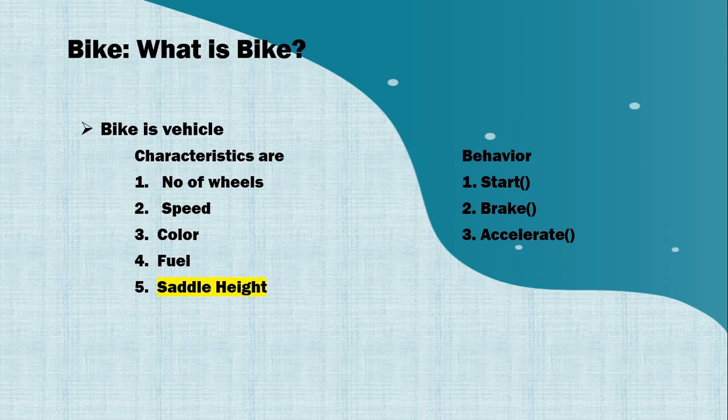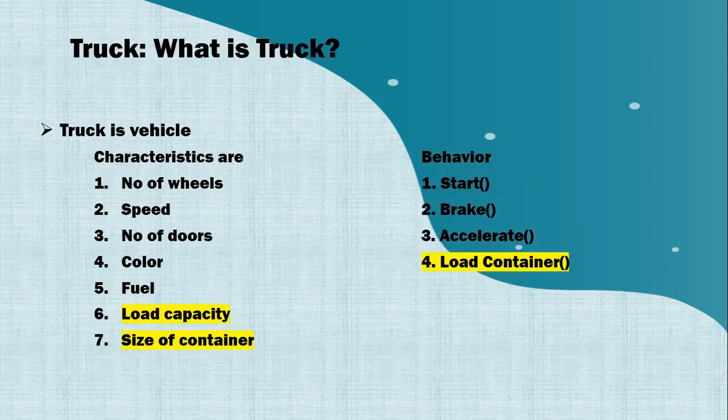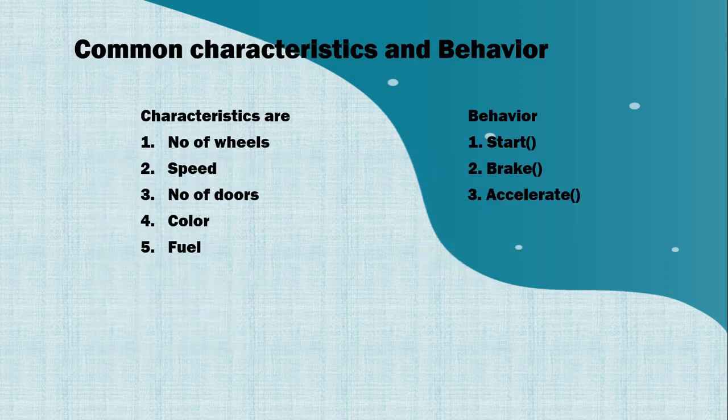A bike also has the basic characteristics which are there in the base class. Along with those, it also has its own characteristics like saddle height. Like that, the car, van, and truck also have their own.